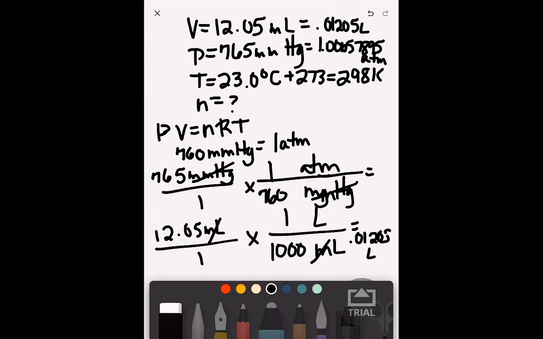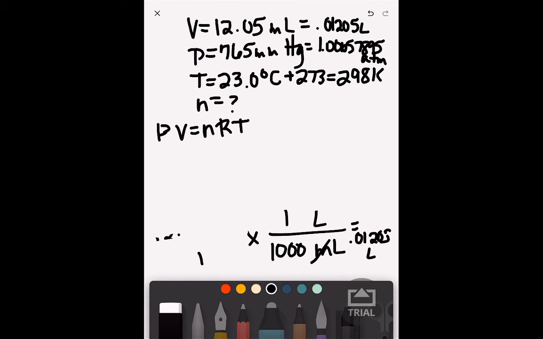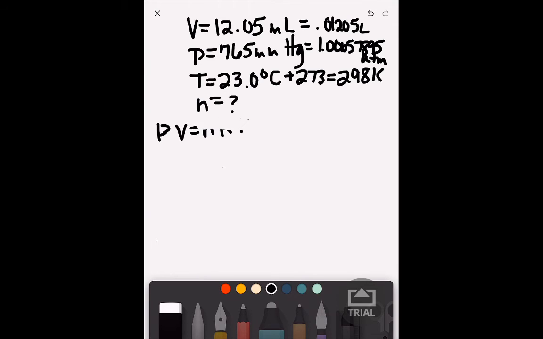Okay? So now I'm just going to have to erase all this conversion that I did. Remember that the rest of the units in our problem have to match our R. So therefore, I had to convert my millimeters of mercury to atmospheres, and I had to convert my milliliters to liters because your units have to match your R. And again, I told you that we want to use the R that has atmospheres in it because I'm just more familiar with atmospheres myself.